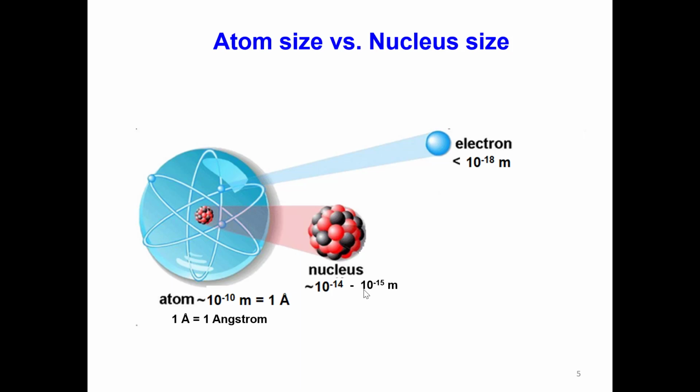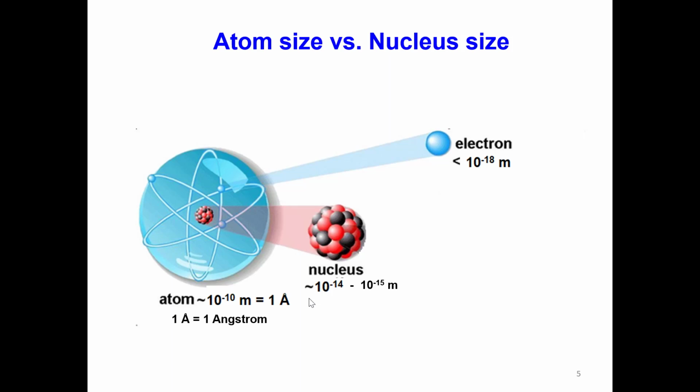For larger atoms, the size will be about 10 to the power minus 14. For small atoms like hydrogen, the size will be about 10 to the power minus 15 meters. Comparing these two numbers, we can see the size of the nucleus is 10,000 times smaller than the size of the atom. It means it's 4 orders of magnitude smaller.